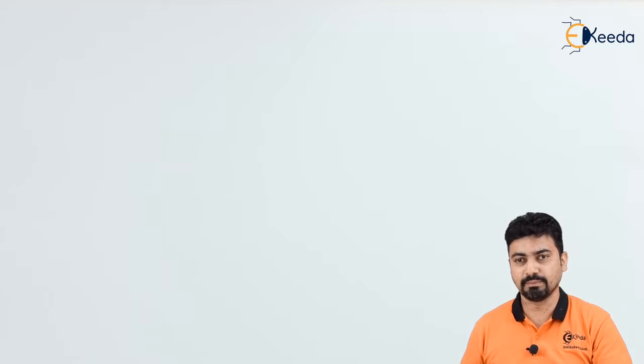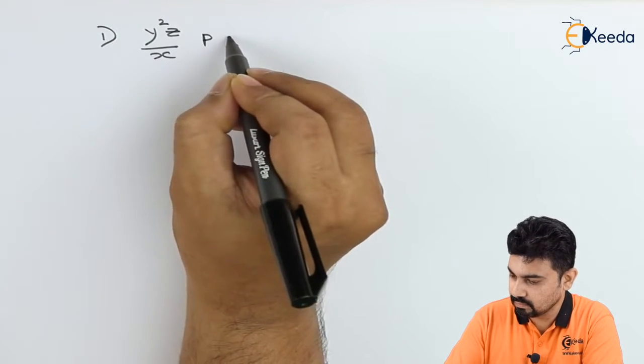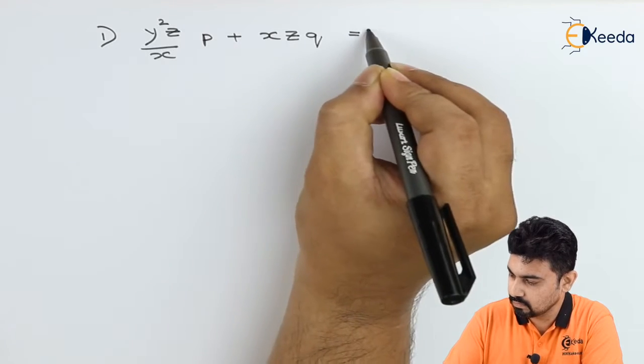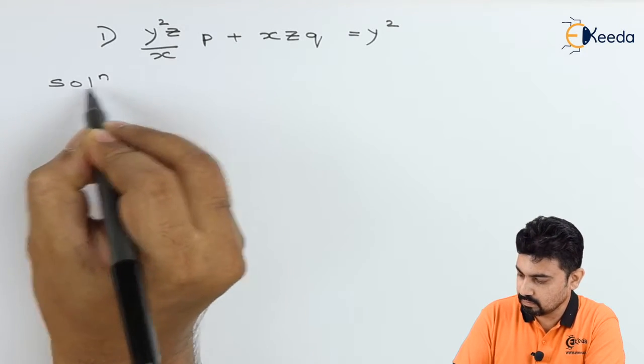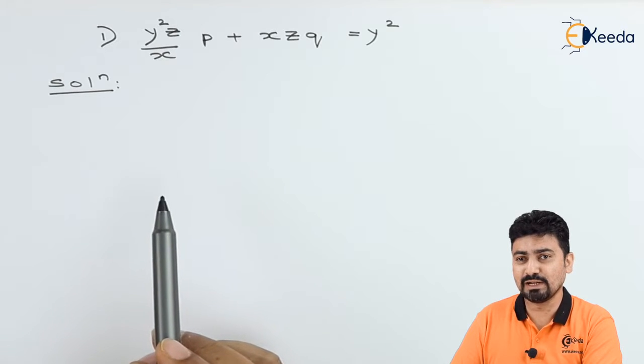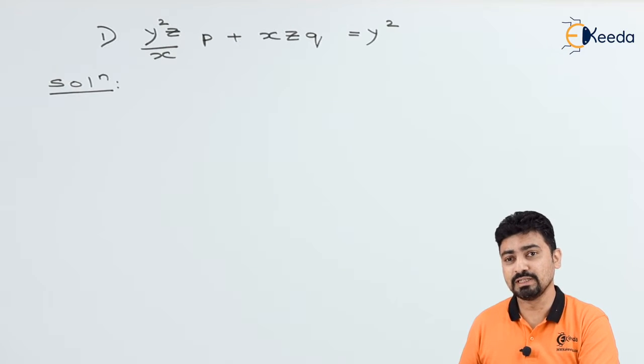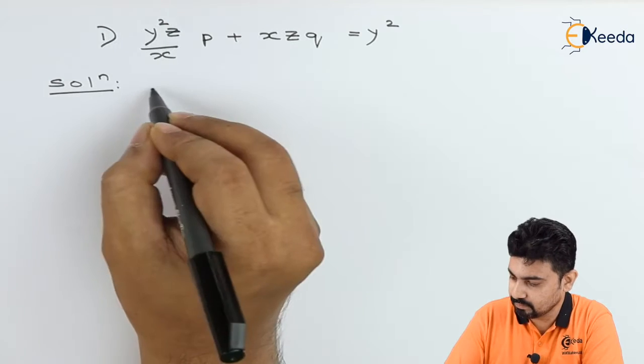Let us take one example to understand how to solve linear partial differential equation of Lagrange's form. Now, the given equation can be written in the standard form capital P into small p plus capital Q into small q is equal to capital R by first simplifying the denominator or getting rid of the denominator. So let us multiply throughout by x.